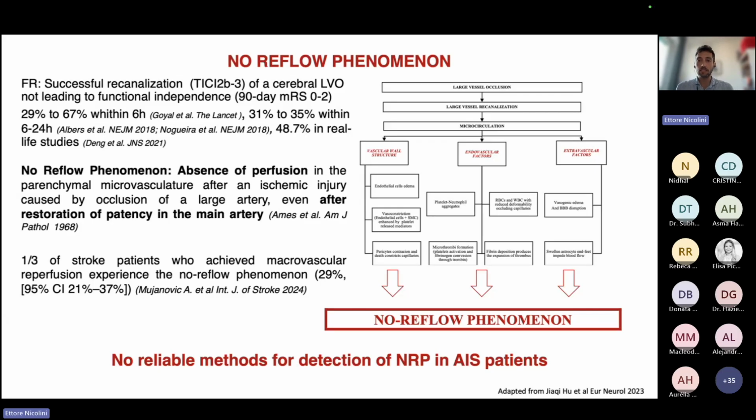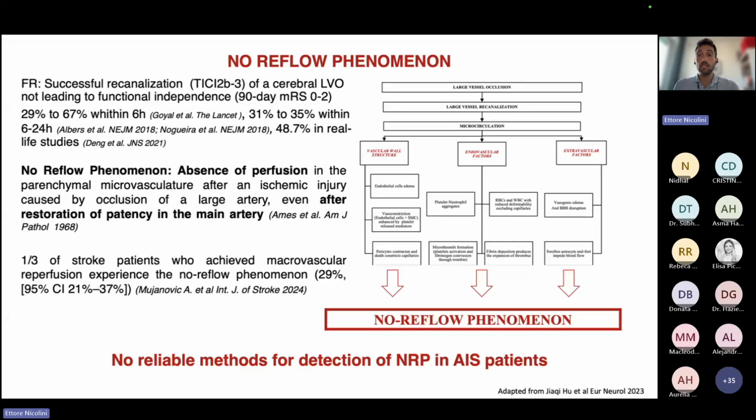It is calculated that about 1/3 of patients would present with no-reflow phenomenon. It is a really complex phenomenon which involves both vascular wall structure with edema of endothelial cells, endovascular factors such as formation of microthrombi, platelet and neutrophil aggregates, but also extravascular factors such as vasogenic edema and blood-brain barrier disruption.